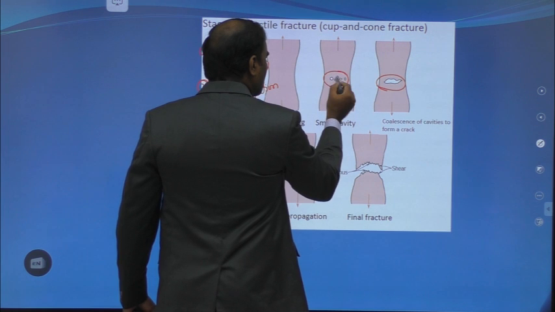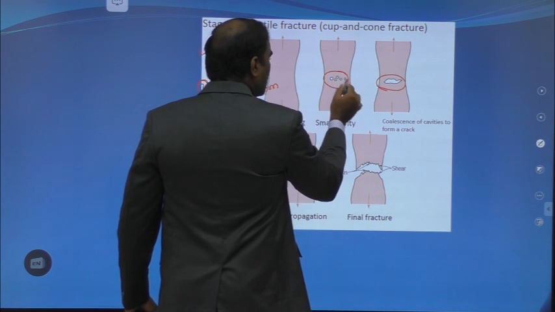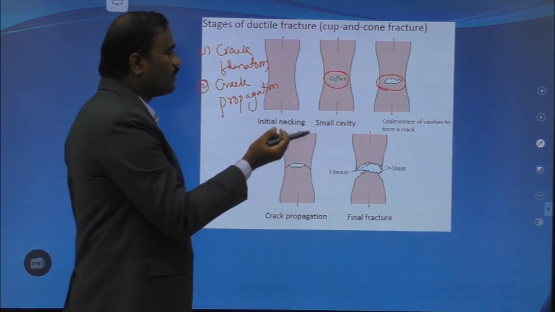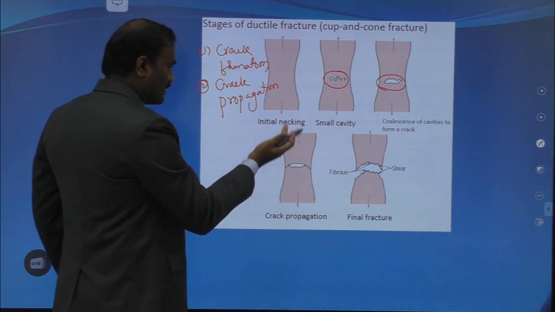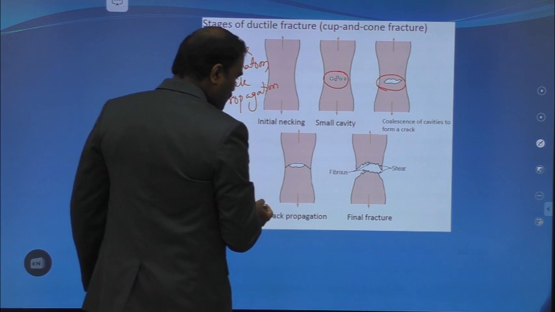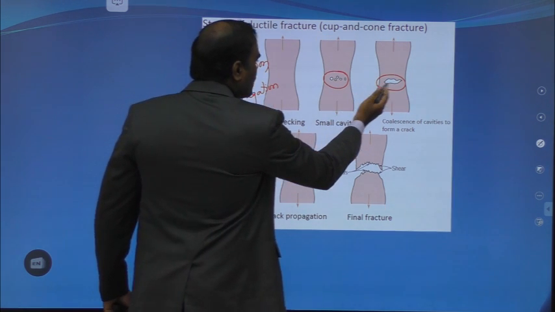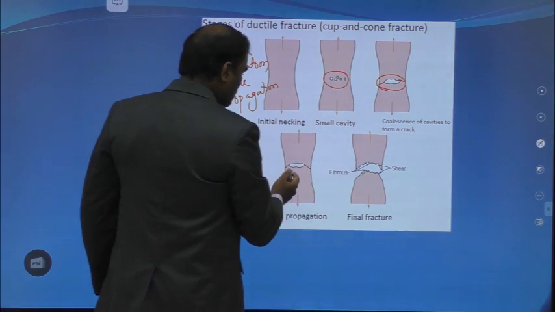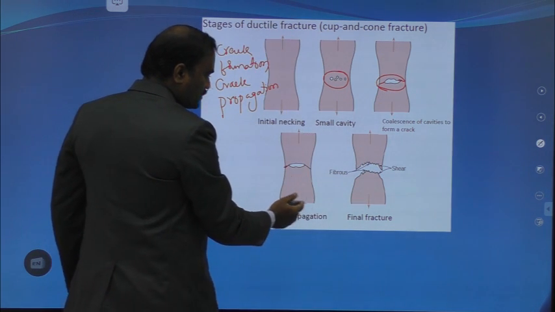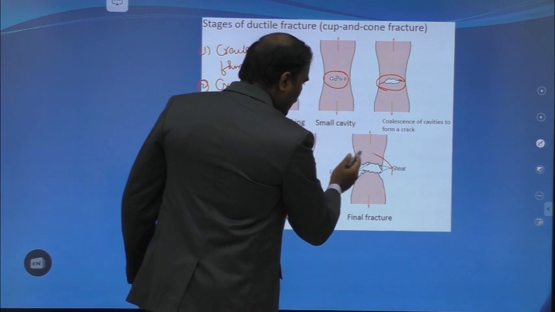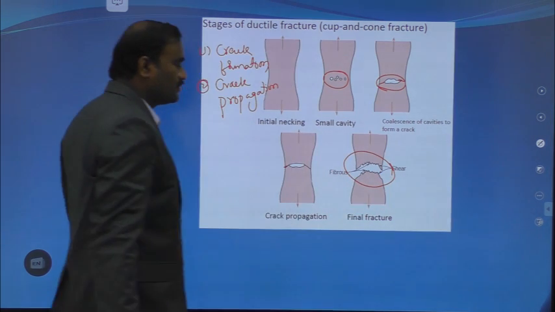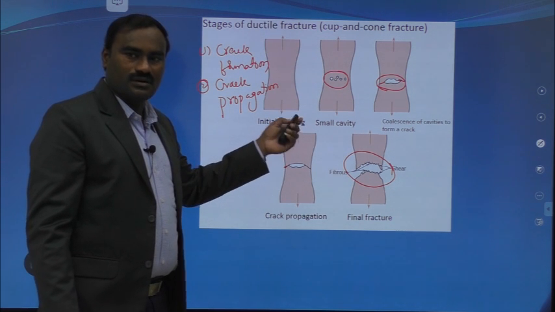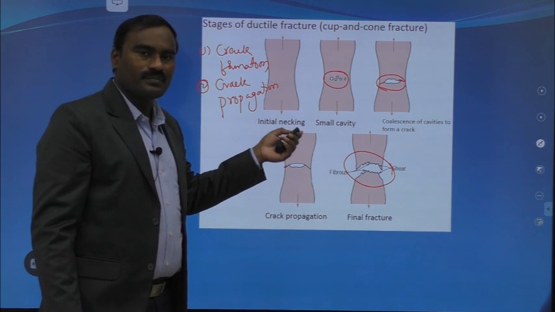Here we have small cavities which all together become a big cavity, a crack. As you increase the force, this crack propagates like this. Ultimately we will have a final fracture. This is the process of how a fracture occurs.